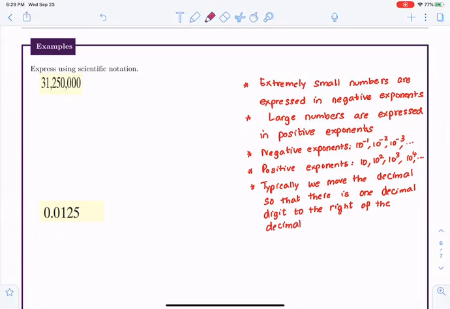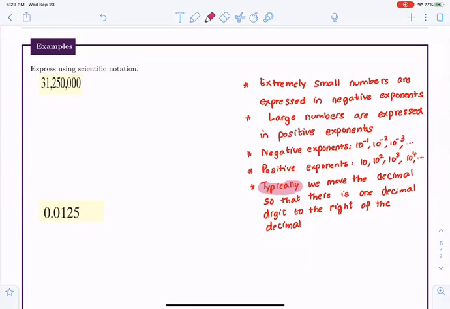Now, I have to stress the word typically, which means that this is not the only way or the only scientific notation that one can write, but common practice is to write it in such a way that I have a digit on the left-hand side of the decimal point.